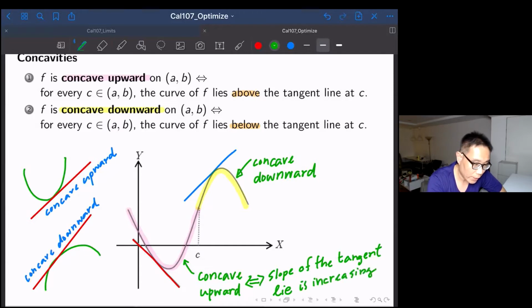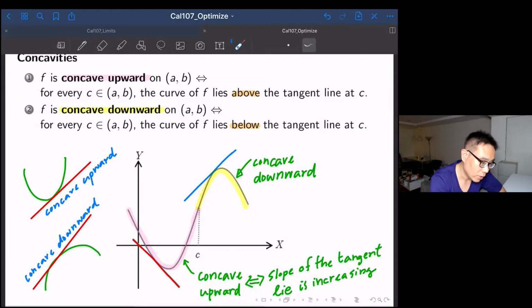How would I know that? I just noticed that this one has negative slope, this one has slope equal to 0, this one has positive slope, and the slope gets larger and larger, up until c. And after c, you have positive, positive, positive until you get 0, and then negative, negative, and it becomes lower and lower.